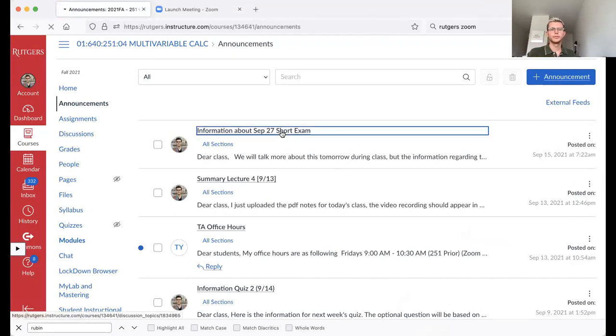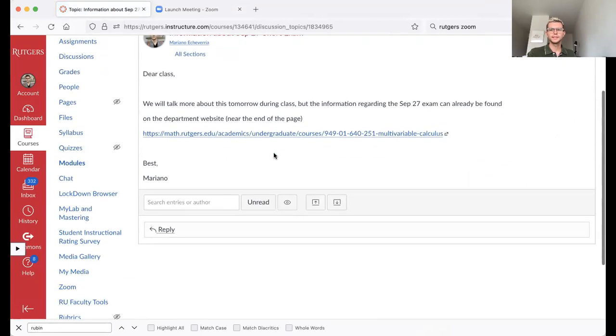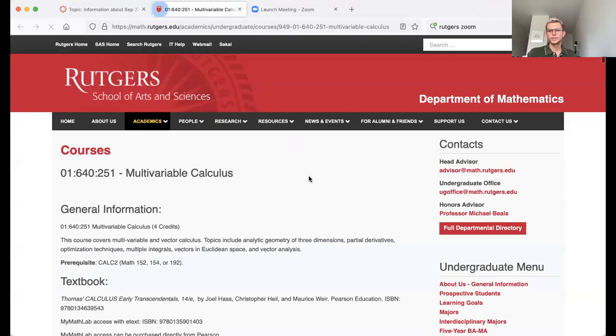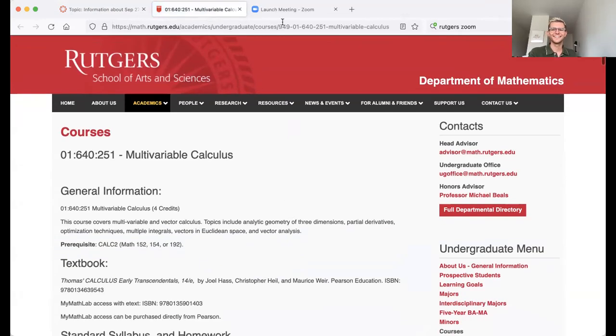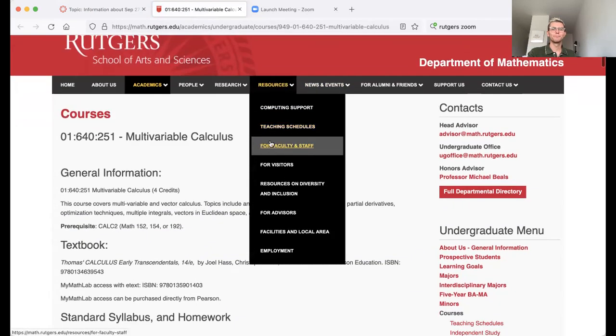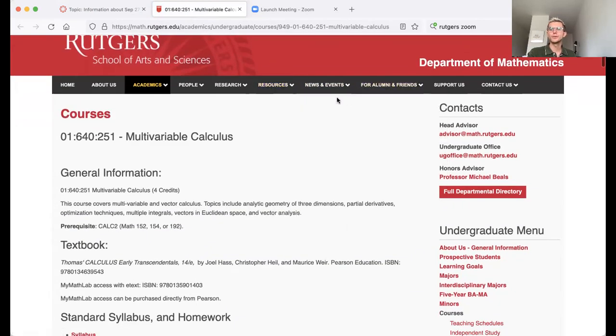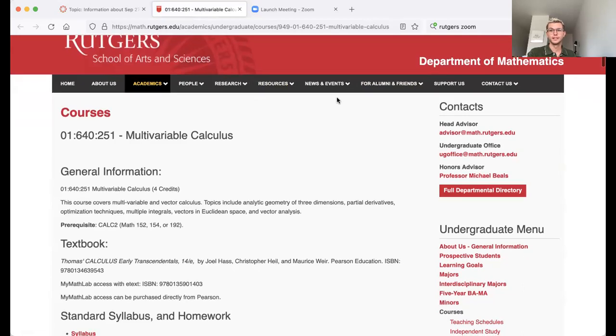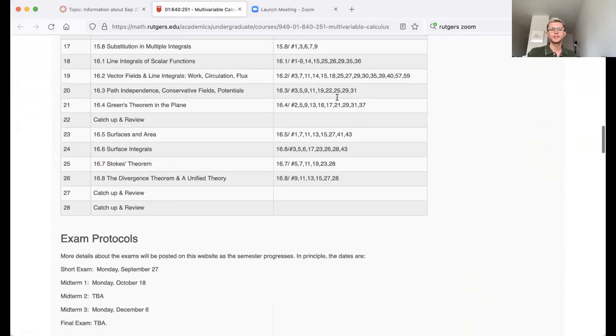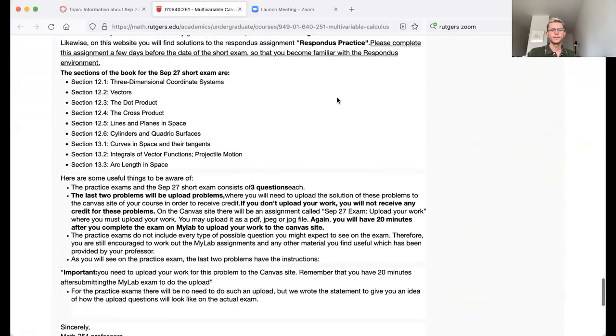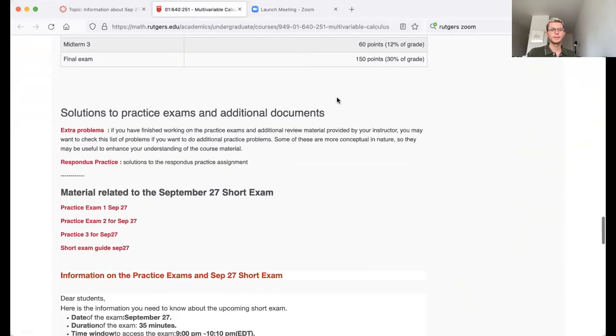If you click on the announcement, it'll give you the link where you can find the information. There's the exams page, which is the official website for multivariable calculus. You have to go to the end to find the information for this exam.